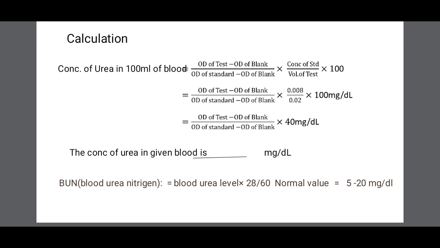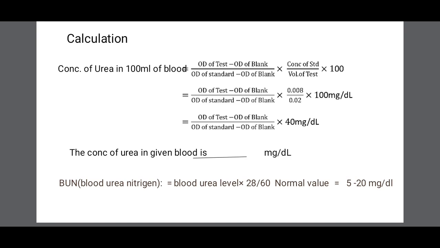The calculation is as follows: the concentration of urea in 100 ml of blood is equal to the OD of test minus OD of blank, divided by OD of standard minus OD of blank, multiplied by the concentration of standard divided by the volume of test taken, into 100.